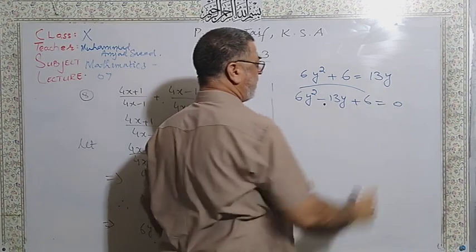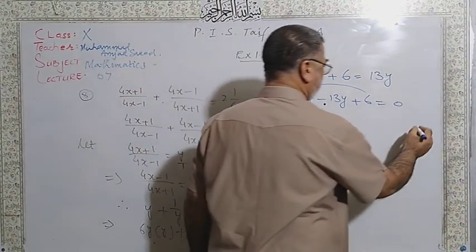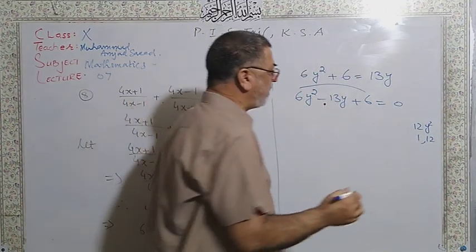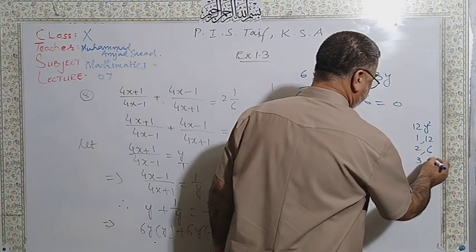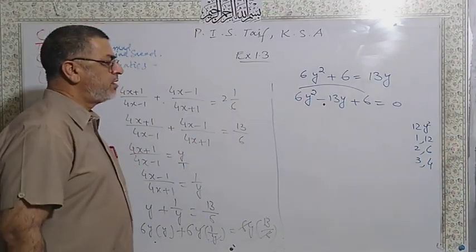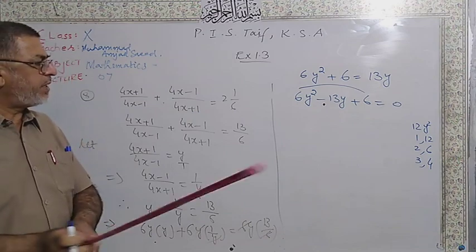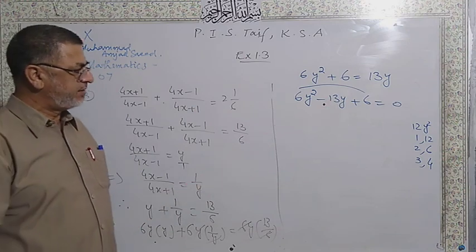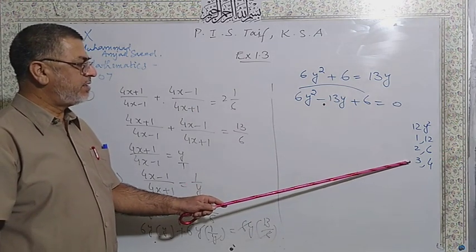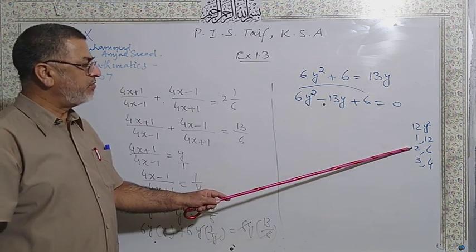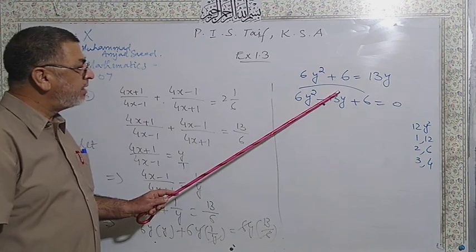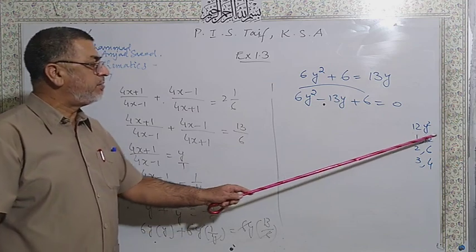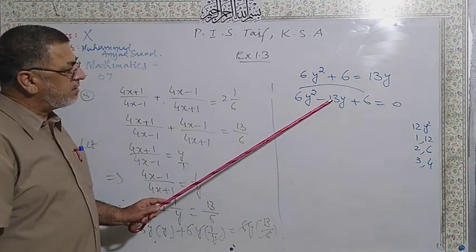Now multiplying first and last, you will get 12, positive 12y square. The possible pairs are 1 and 12, 2 and 6, 3 and 4. Now you can check which pair is making 13 by adding and subtracting. Adding 7, subtracting 1, adding 8, subtracting 4, adding 13, subtracting 11. So when you add this pair you will get 13.